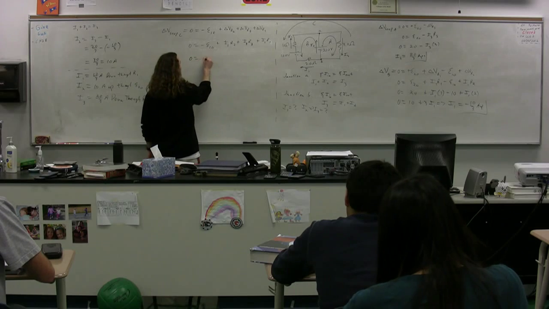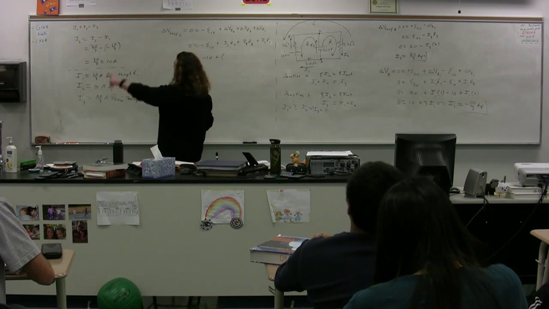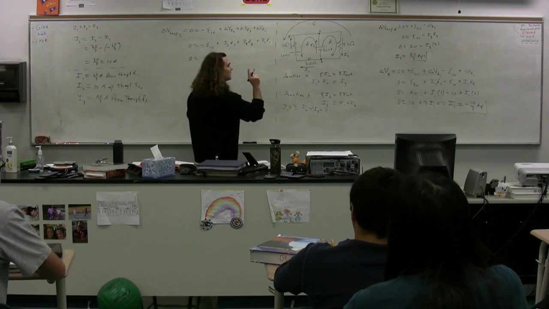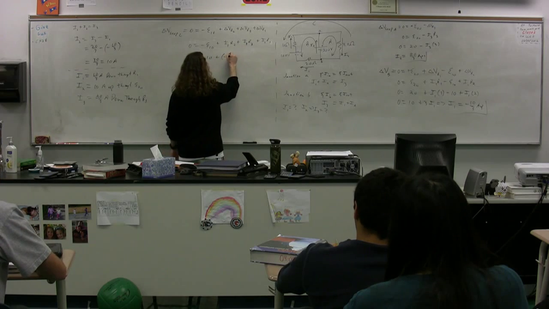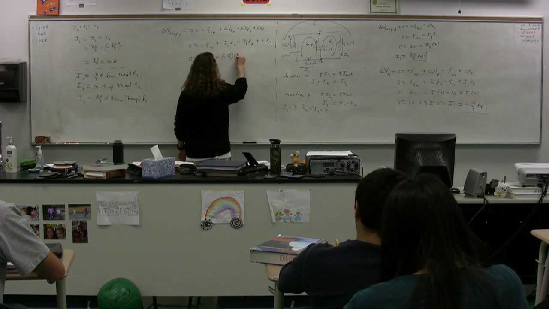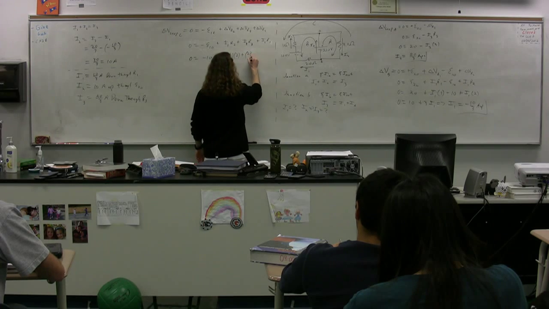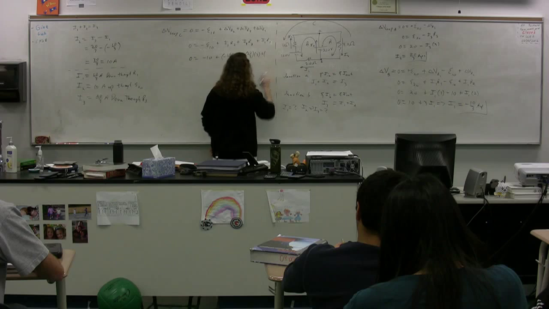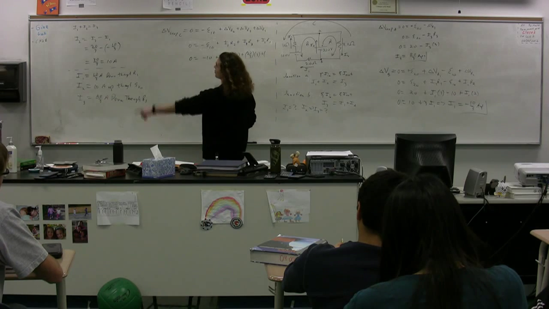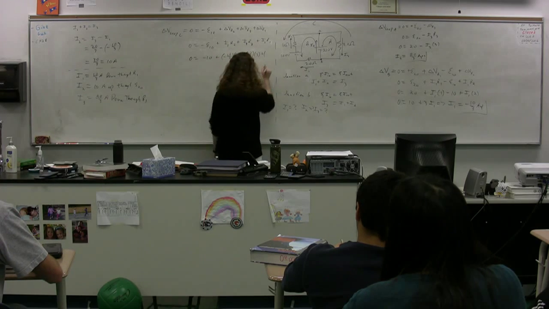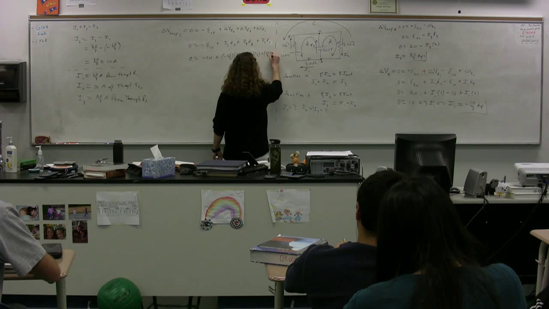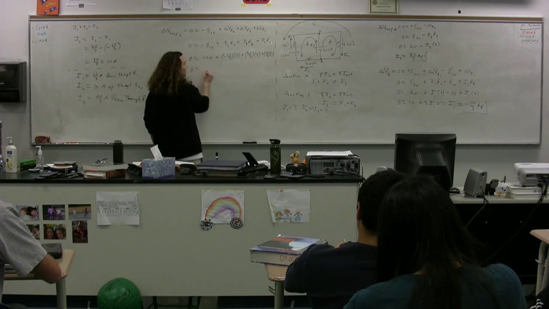So 0 equals negative 10 plus current 1, which was negative 10/3 amps, times resistance 2, which is 2, plus current 3, which was 20 over 3, times resistance 3, which is 3, plus current 1, which was the 10 over 3, multiplied by 1.